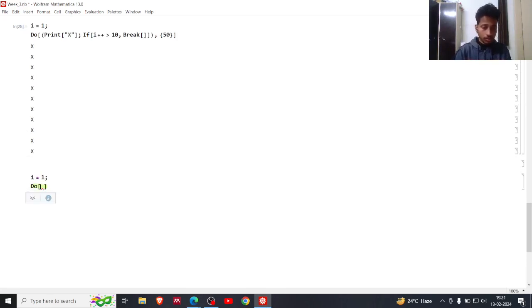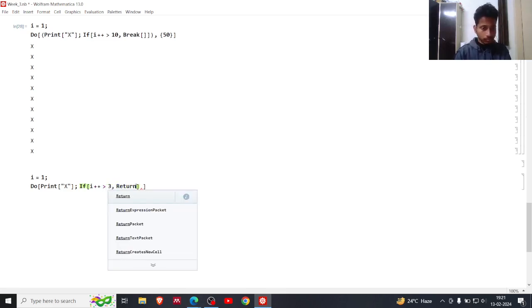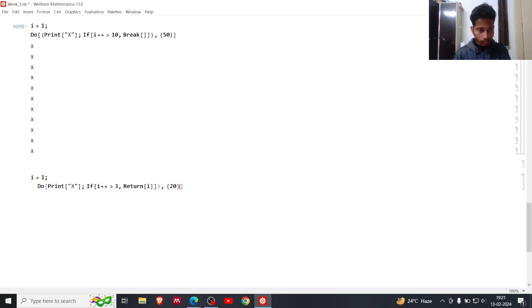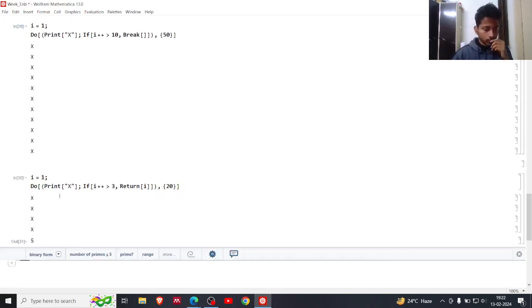Okay, now do print. Yeah, so here we have used the Do loop, and the command we have executed is print x.